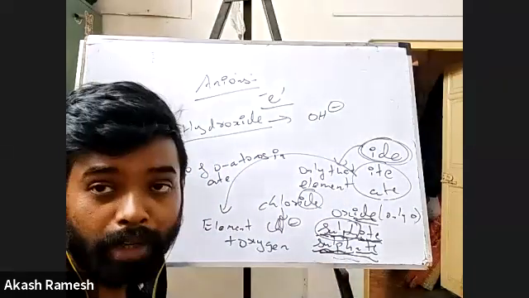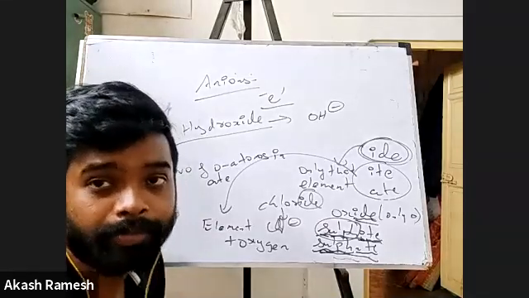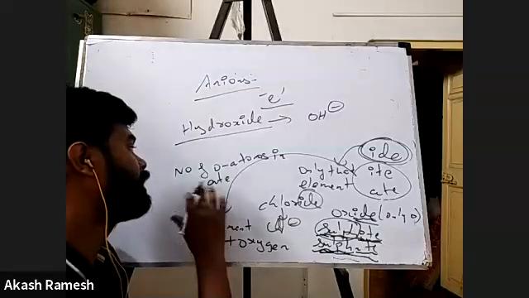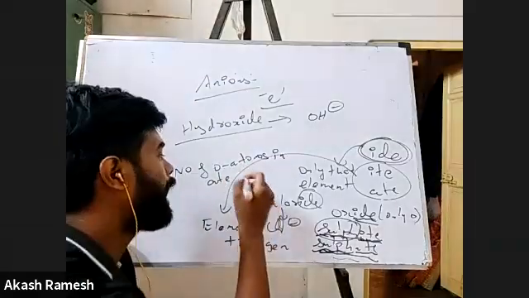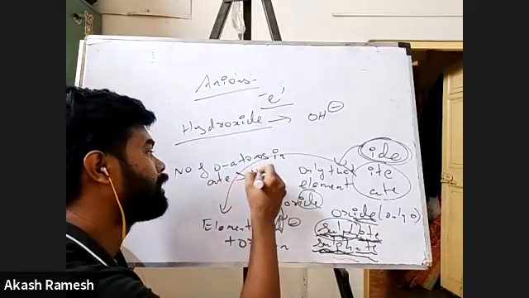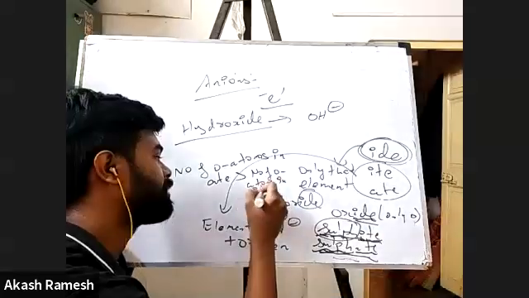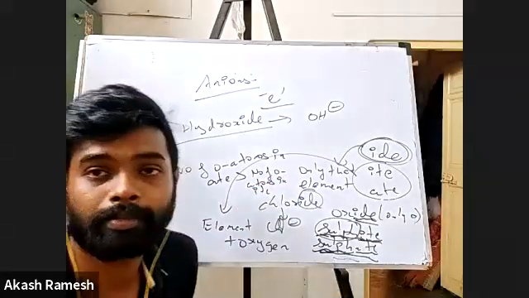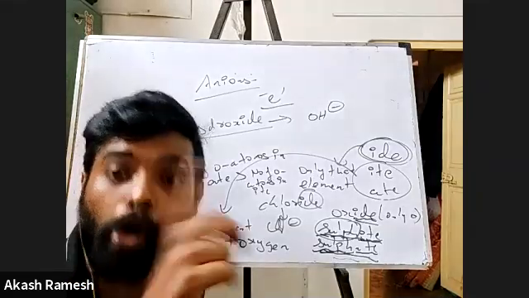Both of them have oxygen, right? So what you can understand is the number of oxygen atoms in ATE compounds is greater than the number of oxygen atoms in ITE compounds. Actually it will be one more than ITE.